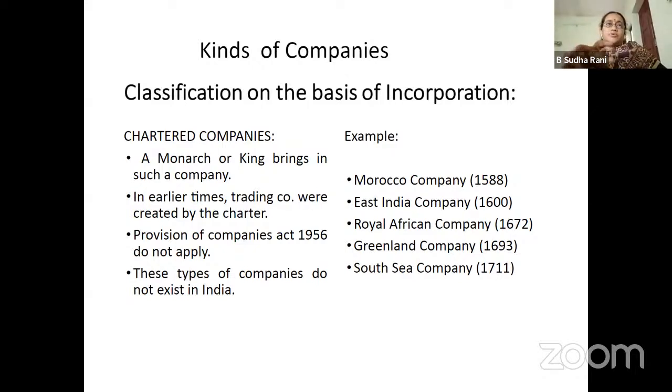They used to do their business as per the instructions of the king. So the trading is to be carried forward on the instructions or guidelines of the king. Whatever companies are formed by these kings or kingdoms, we call them chartered companies.